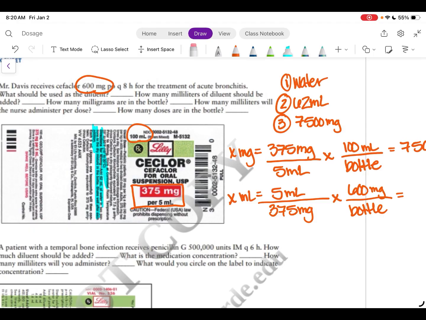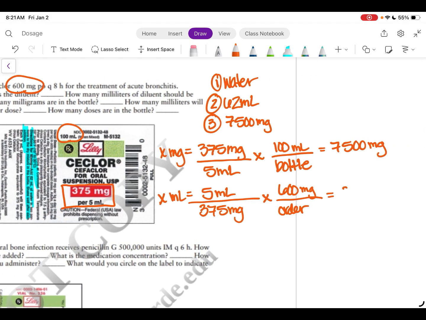Oh, not bottle order. Okay. And I get 8 milliliters.